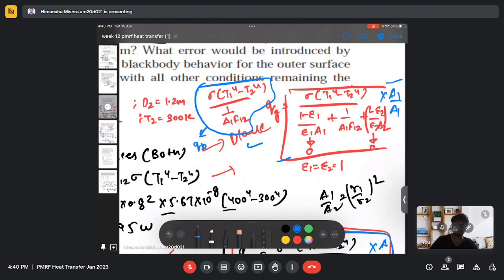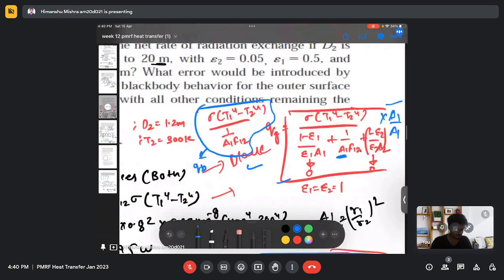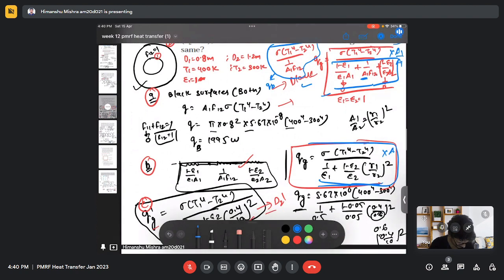In the gray body, A should be there in the numerator. Yes, A1 is there. The expression you have written at the bottom, here we multiply and divide it by A1, so in the numerator A should be there, right? Yes, I again forgot.